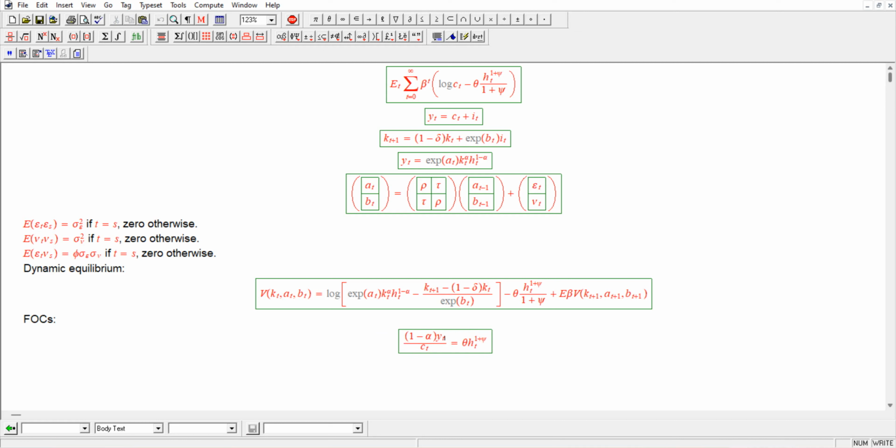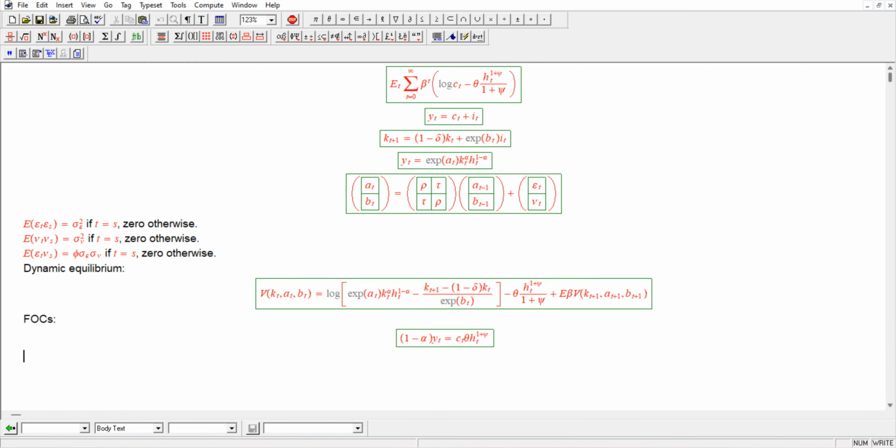Now if I multiply both sides by c, we end up with this, which is a very simple expression. You may wonder, why are we doing this? And the answer is because we're going to ask Dynare to simulate outputs, consumption, and so on. And so it's fine if our equations are functions of those things that Dynare is going to compute anyway.